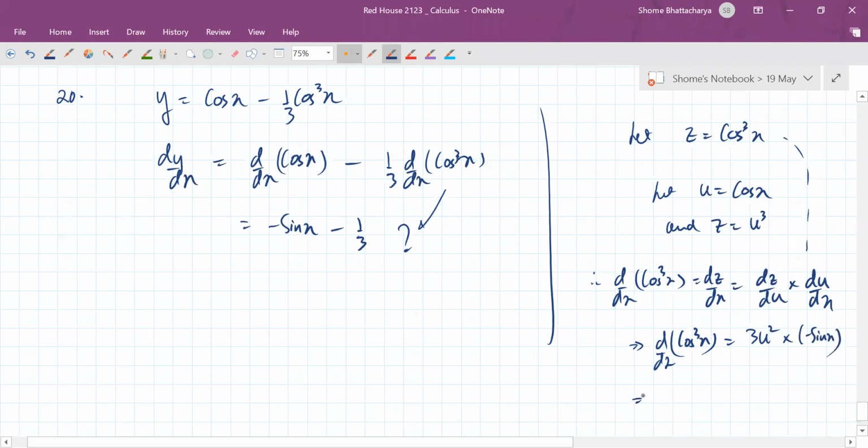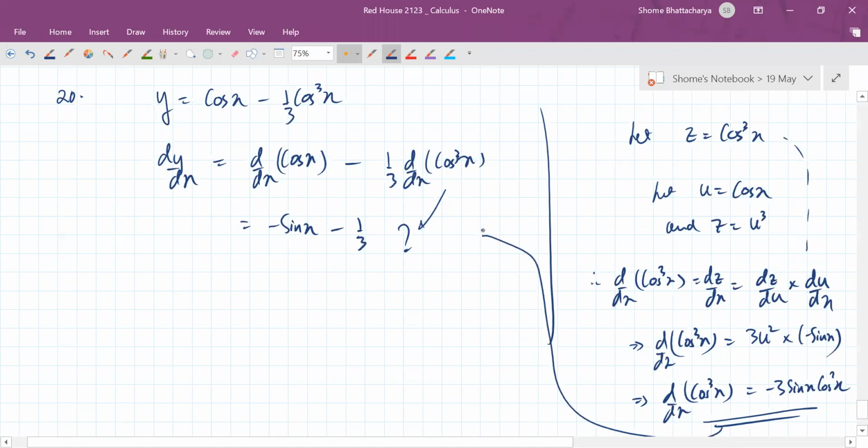Okay. So ultimately, this differentiation will become minus 3 sin x into u square. Now u was cos x, so cos square x. So this thing we will now substitute over here. So further we can simplify it and write it like this.